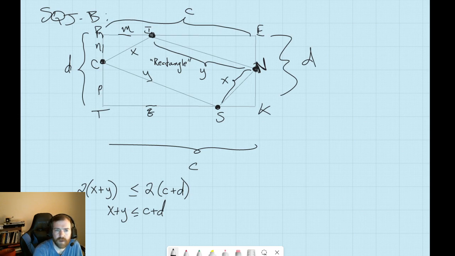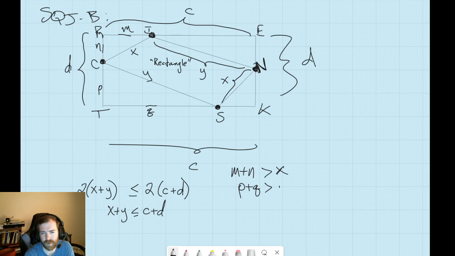Okay. Yep. Alright, here we go. So, in all the cases here, we have m plus n needs to be greater than x, and also p plus q needs to be greater than y.